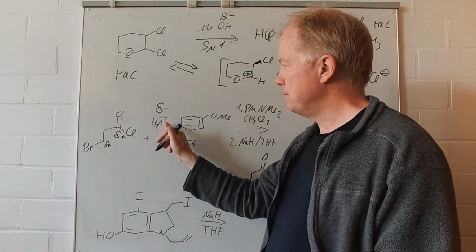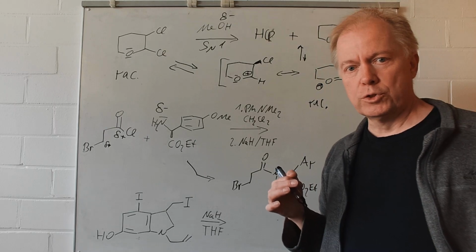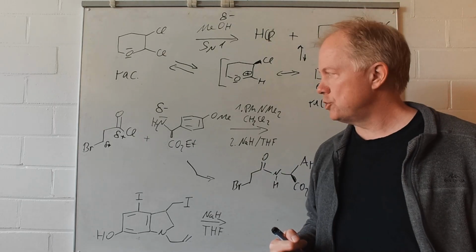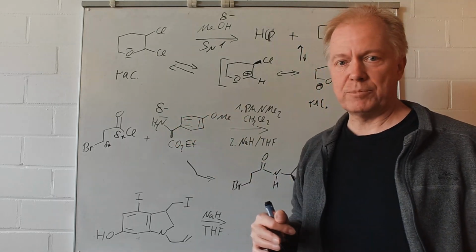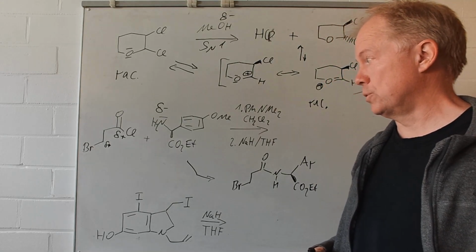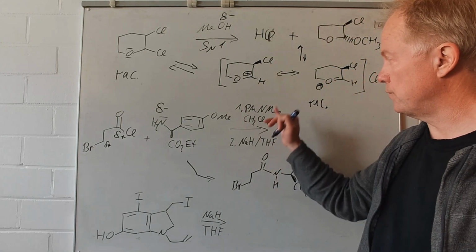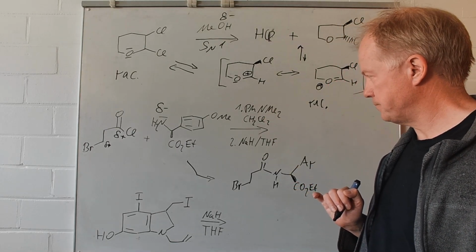Otherwise, the amino group of this amino acid ester would be blocked by protonation, and not all of the substrate could get to the reaction, only half of it would react otherwise. So therefore, we need that additional base.